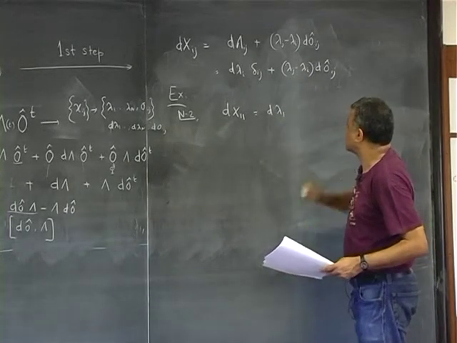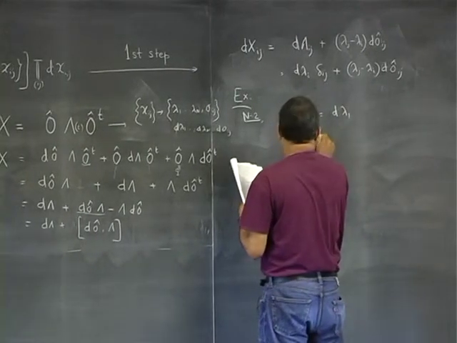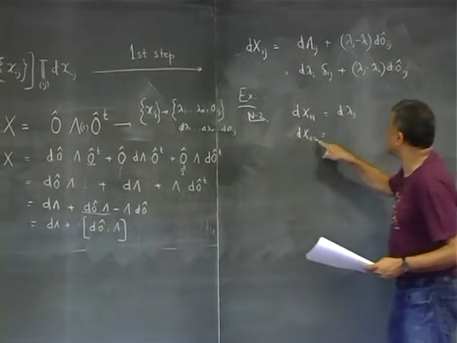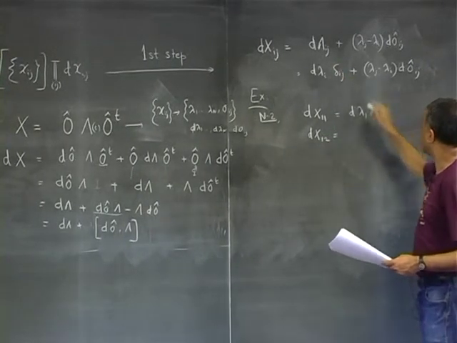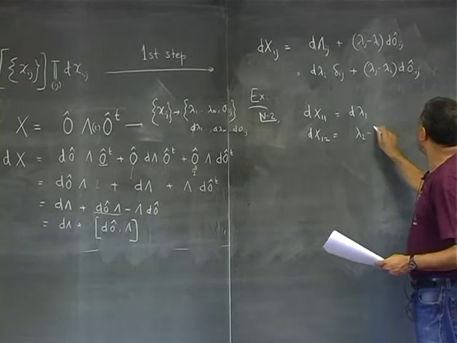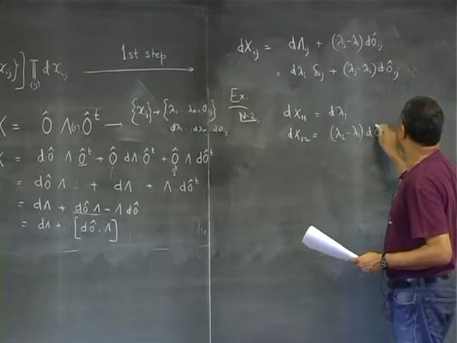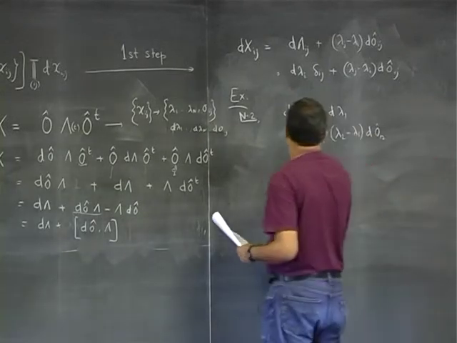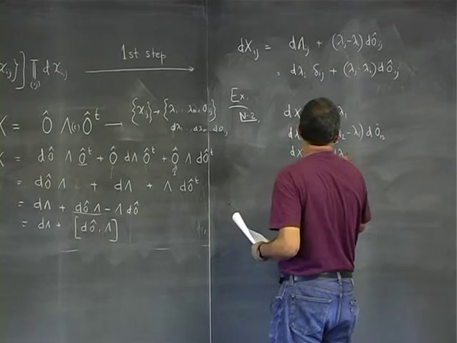So I have just this. What about dx12? When i is not equal to j, there is no contribution from here, and this guy is just lambda 2 minus lambda 1 times d theta 12. And dx22 is d lambda 2.